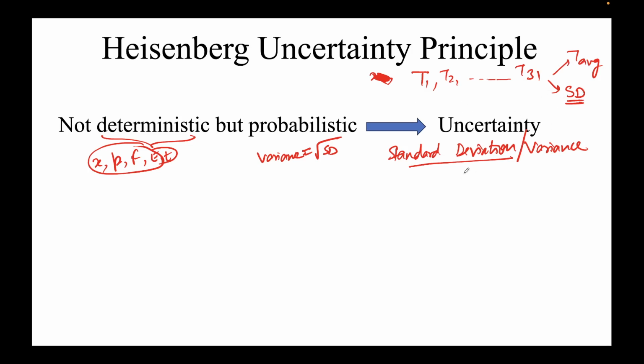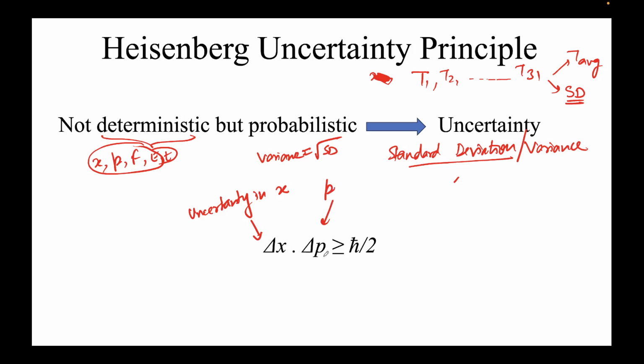And if you see here, this is the uncertainty in position. This is the uncertainty in momentum. As I've been saying, this is a probabilistic regime. We don't know where we are. We don't know what's the momentum.